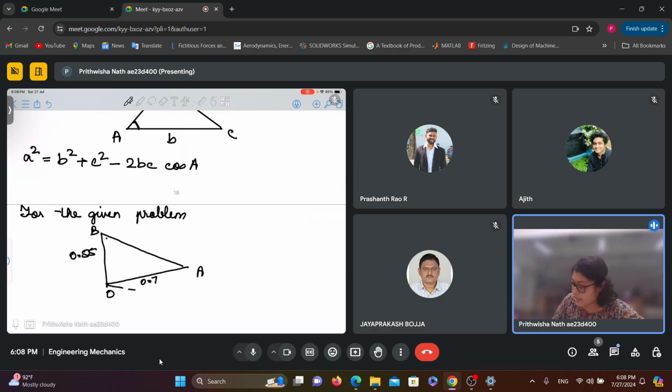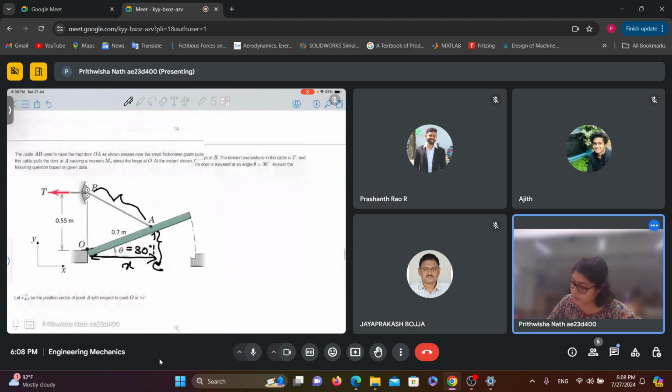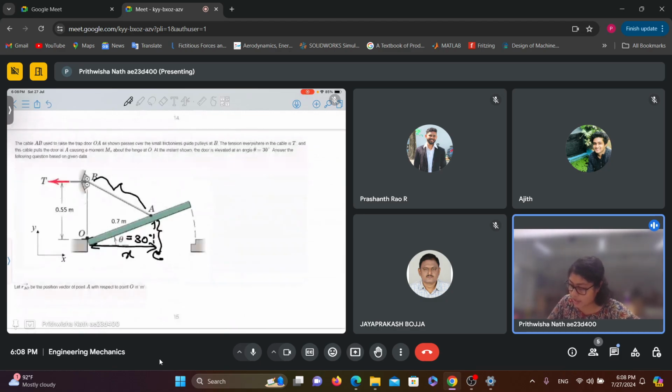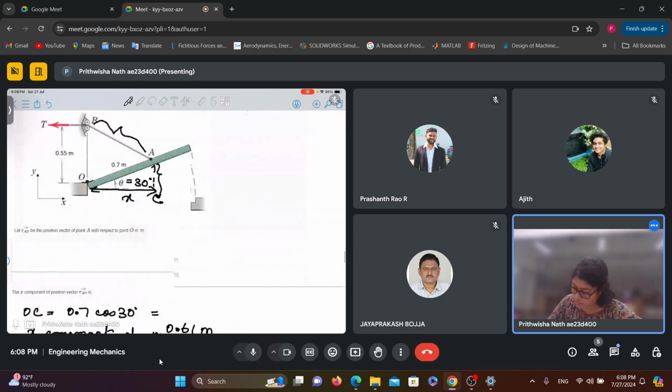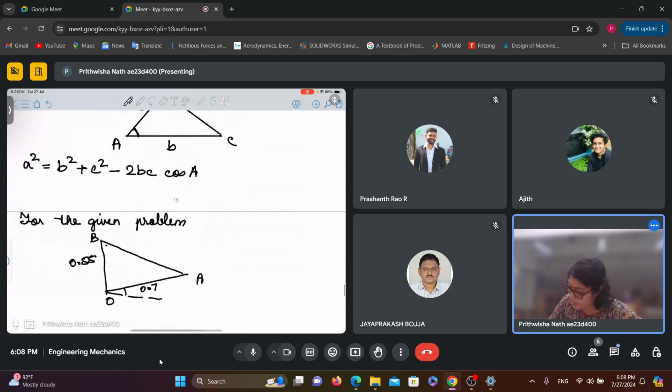This angle is given as 30 degrees. So angle BOA is 60. This angle is 30 degrees and this angle is 60 degrees.